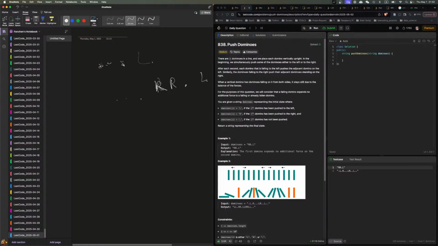Now I have a left. So the left, we're going to check, because the left can turn a dot into a left.